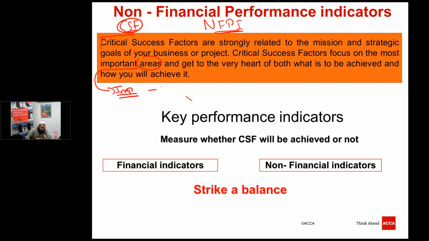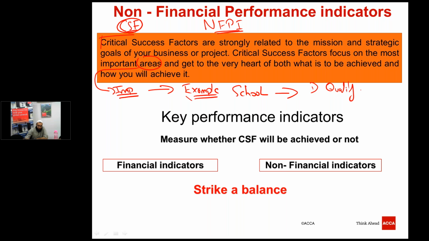Let me give you a quick example so that you get to know what a CSF is. For example, a school. For a school's success, what are the key areas? Can you tell me quickly? I just want to see one or two answers. Good results, pass rates. Okay, anything else? The success of a school depends on, number one, quality teaching.